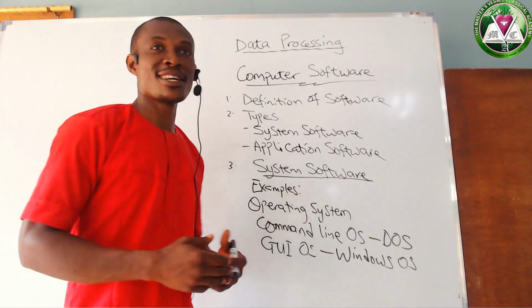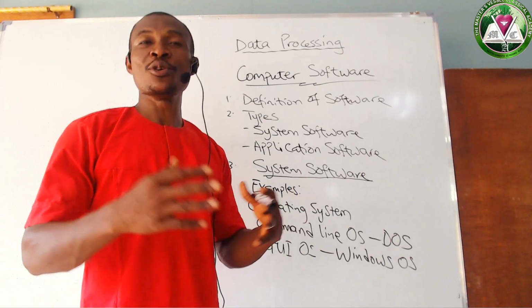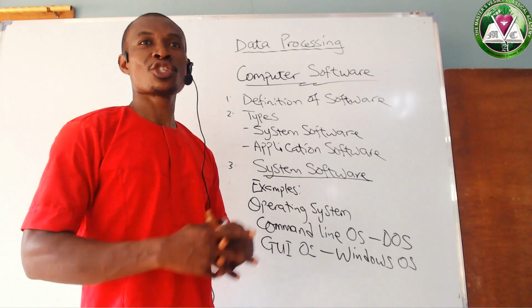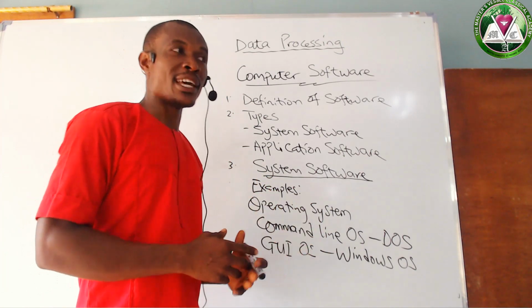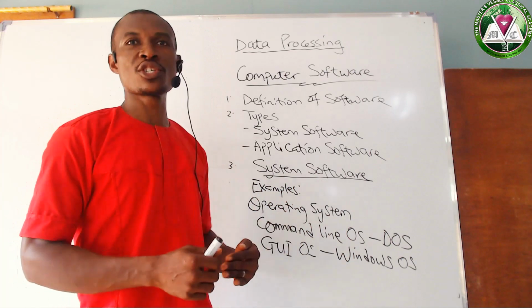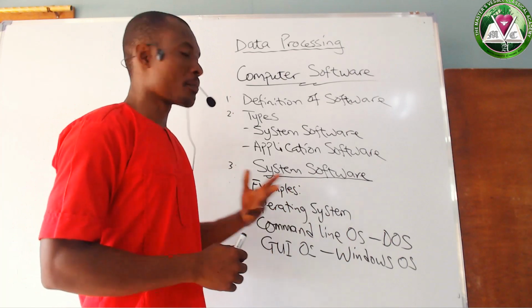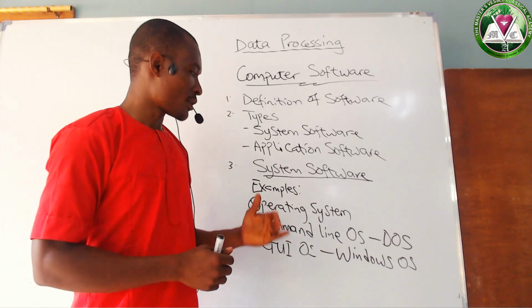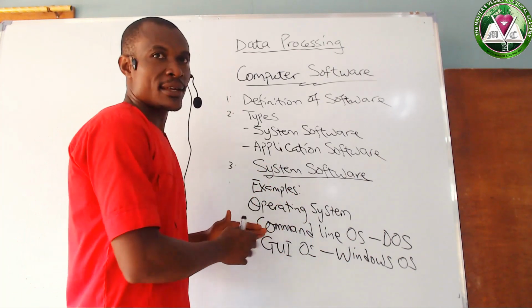In GUI operating systems, you have dialog boxes where the user can make a choice from a list of options. So these are some of the features of the GUI operating system. Now that is for the categories here.